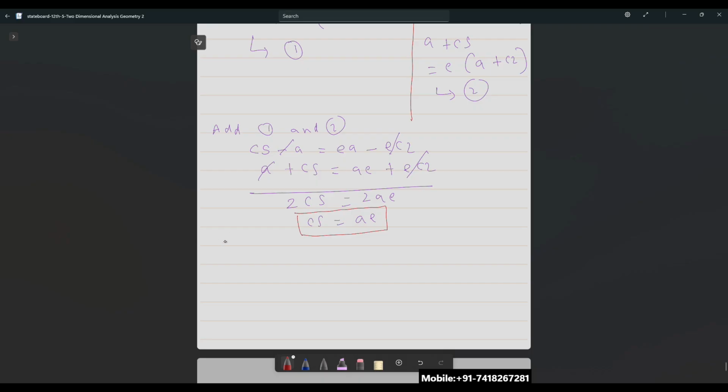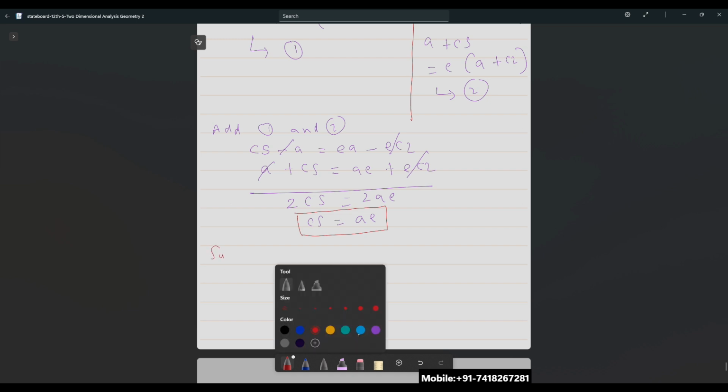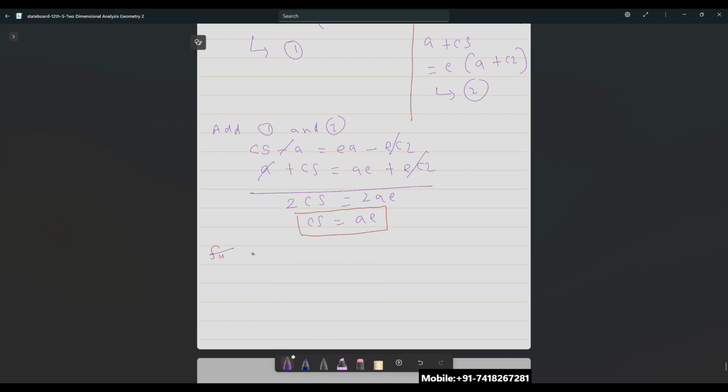The second one, we'll subtract, we'll do 2 minus 1. So this is your 2: a plus CS equals ae plus e times CZ.